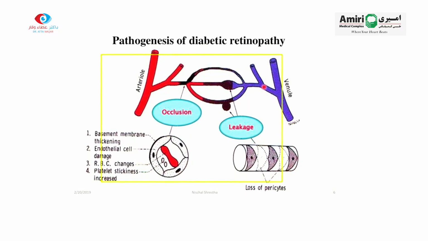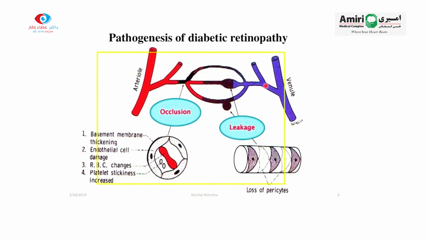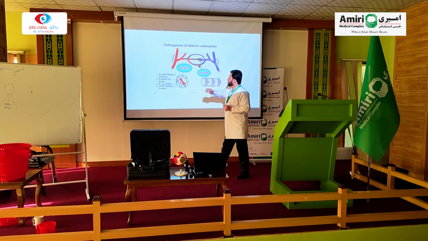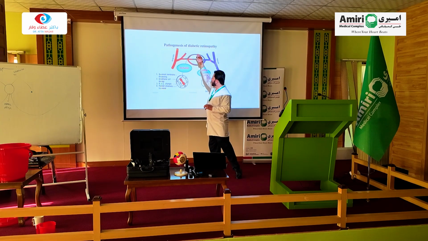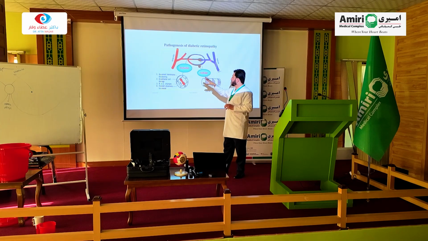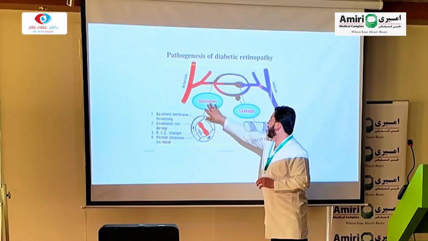The main pathogenesis, number one, is occlusion. From the arterial side, there will be basement membrane thickening, endothelial cell damage, RBC changes, and increased platelet thickness. There will be ischemia to the periphery of the retina, and the patient will have hypoxia. One is occlusion, another is leakage.